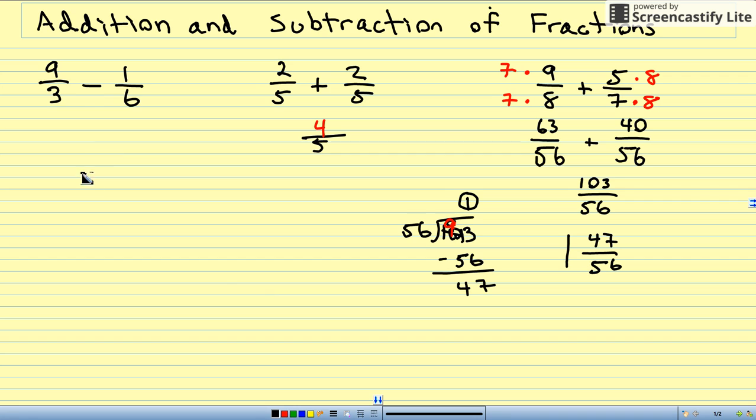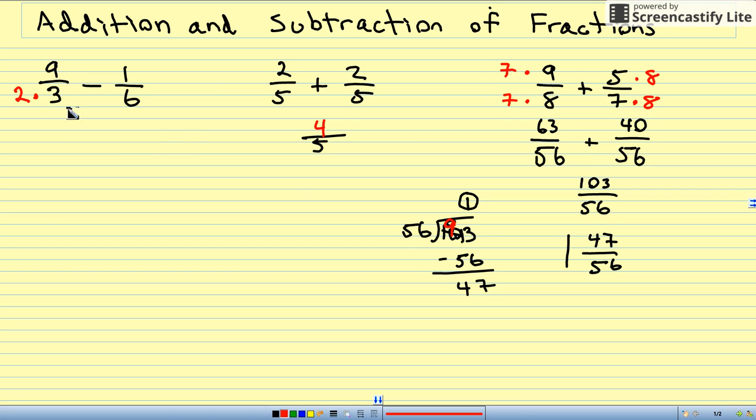Over here, you got to get the same bottom number again. Now this is interesting because 3 is a multiple of 6. I can take both and just multiply them together. That'll give me the same bottom number. But since 3 already goes into 6, I can make this 3 into a 6, which will make smaller numbers. Smaller numbers makes it easier.